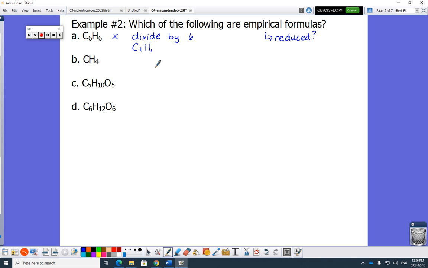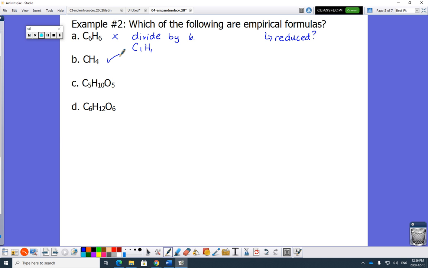Is CH4 an empirical formula? Is it the most reduced? Yep, you can't divide 1 by 4 or 4 by 2, whatever. C5H10O5. So again, if you're a biologist, that is ribose sugar. So ribose is a 5-carbon sugar. It's very big.